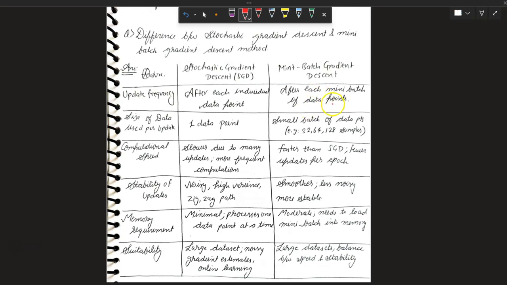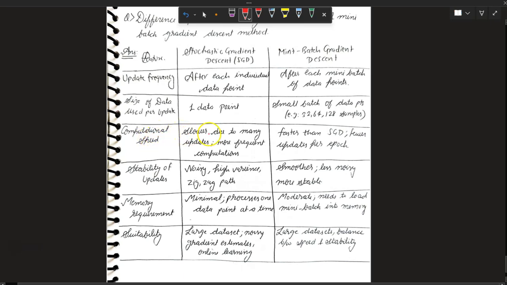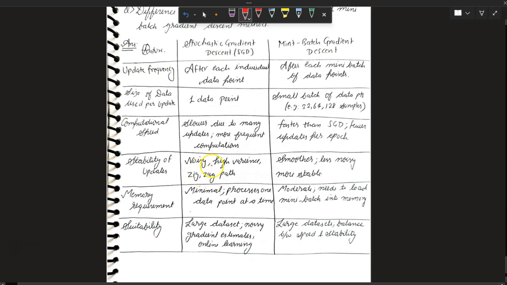Since mini batch divides the entire data set into batches, only once the batch is complete does it update the weights. Data used per update: one data point versus a small batch. Computational speed: stochastic is slower due to many more frequent updates, and mini batch is faster, with fewer updates per epoch. Stability of updates: stochastic is noisy and mini batch is smoother, because it completes a gradient and then updates.